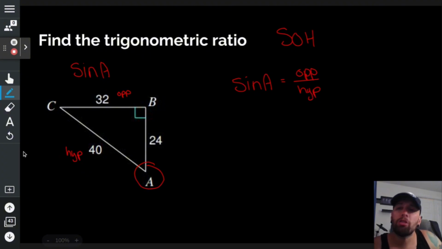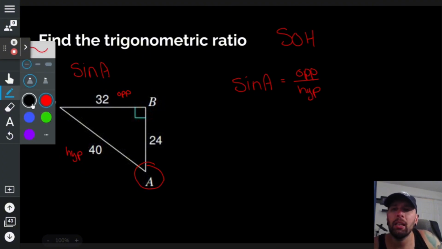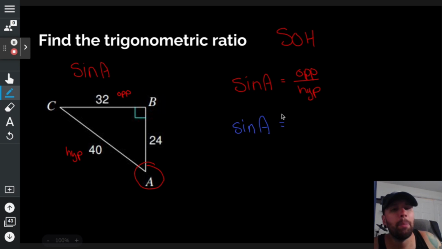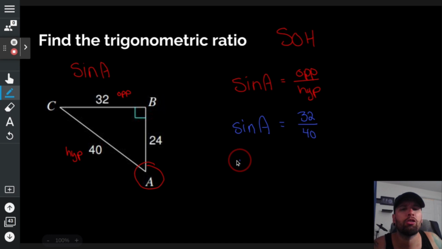So sine A is going to be my opposite side, which is 32, over the hypotenuse, which is 40. They're both divisible by 8. Divide both of them by 8, you get 4/5.